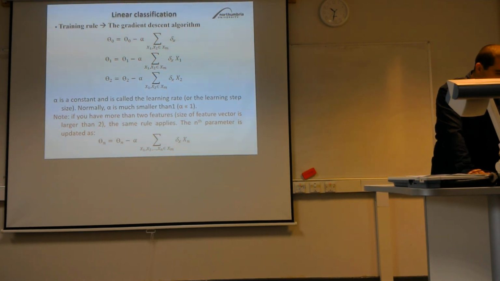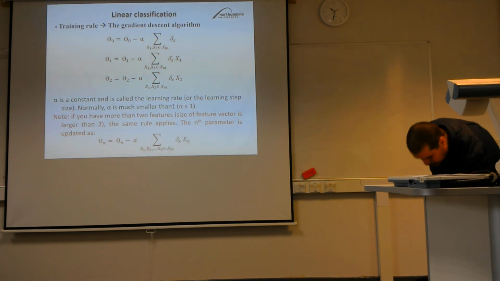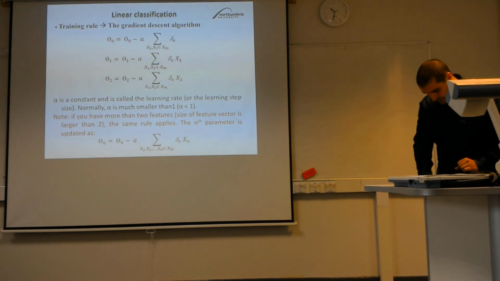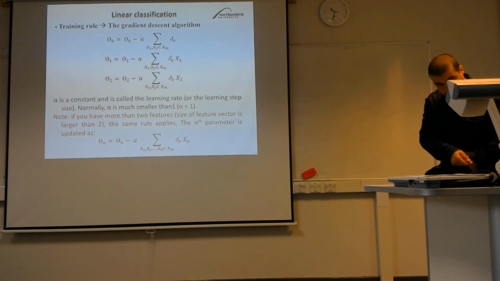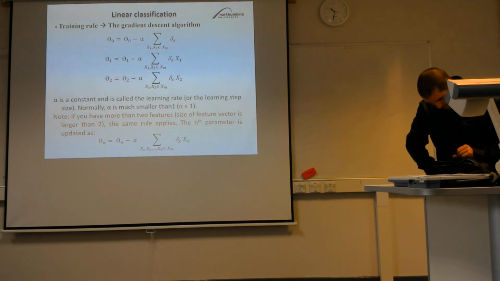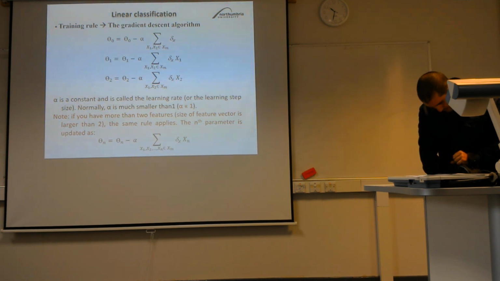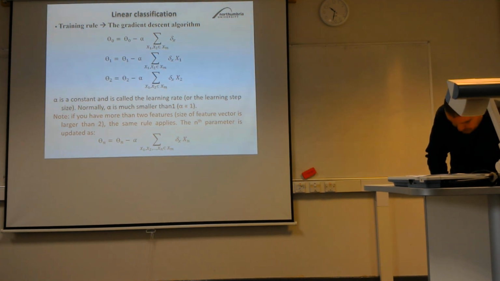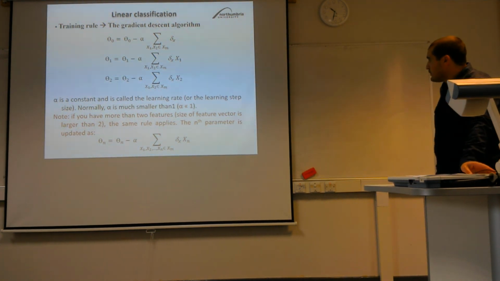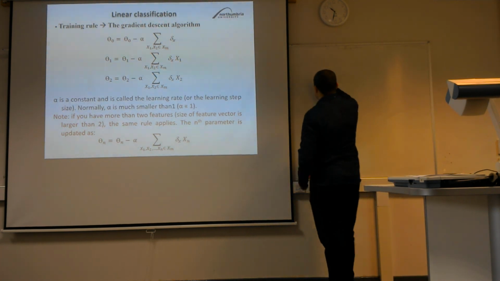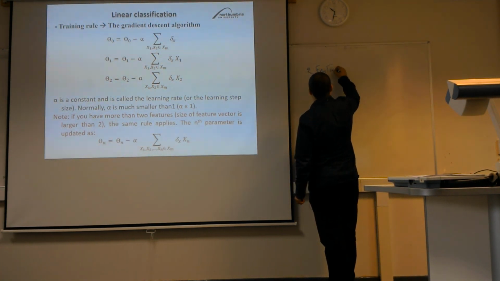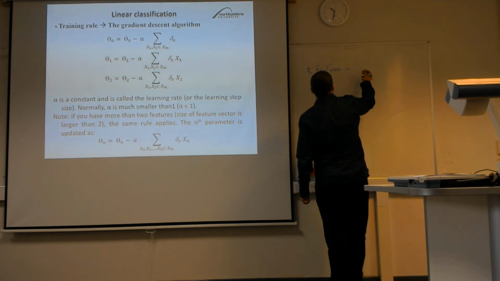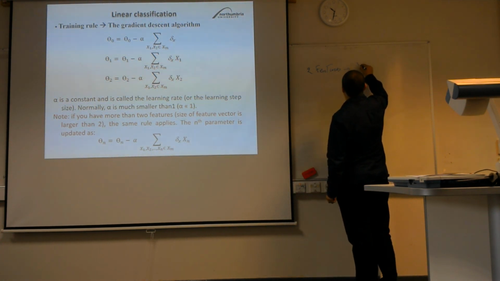So basically, if we have 2 features, the system should have 3 parameters.